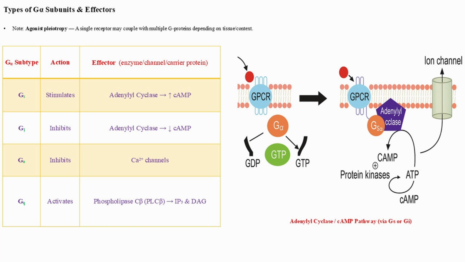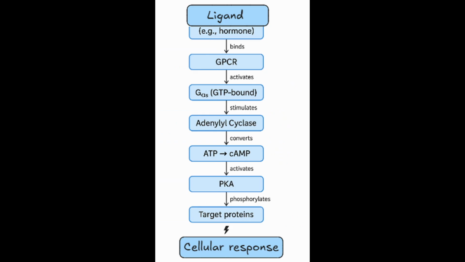Coming to the other subtype of G alpha is alpha o, the calcium gatekeeper. The alpha o inhibits the calcium channels, resulting in reduced calcium influx into the cell, thereby controlling nerve and muscle excitability. Coming to the next subtype of alpha is Gq. This is the main important one.